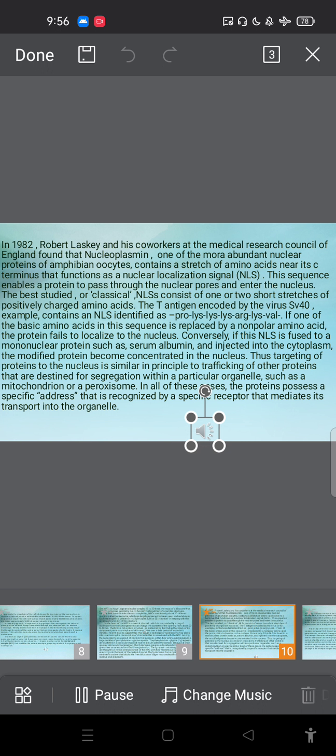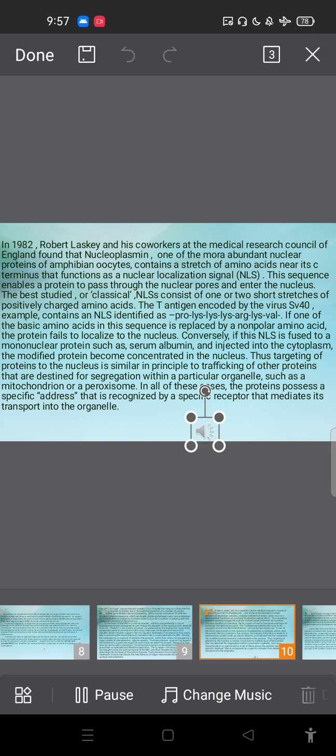If one of the basic amino acids in the sequence is replaced by a non-polar amino acid, the protein fails to localize to the nucleus. Conversely, if this NLS is fused to a non-nuclear protein such as serum albumin and injected into the cytoplasm, the modified protein becomes concentrated in the nucleus.